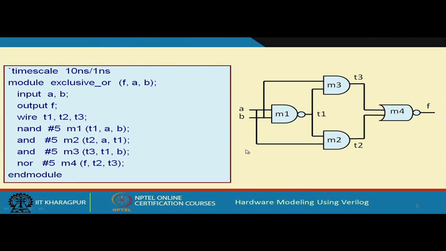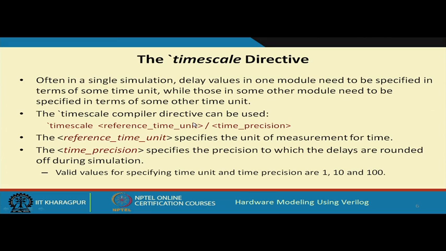These are explained here in some detail. When you use the timescale directive, you can specify these 2 times. Now, why do you need this? You need this for simulation purposes, that is the first thing.